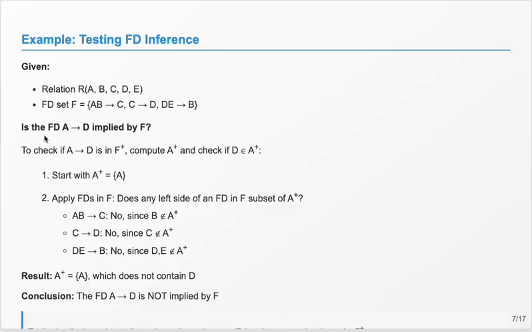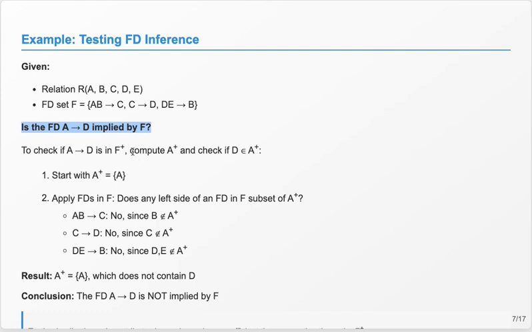Here we're asking, is the FD A determines D implied by these functional dependencies? There are two ways we can do this. We can either compute the closure of F and then check whether A determines D is within F, or we can do something like an attribute closure.